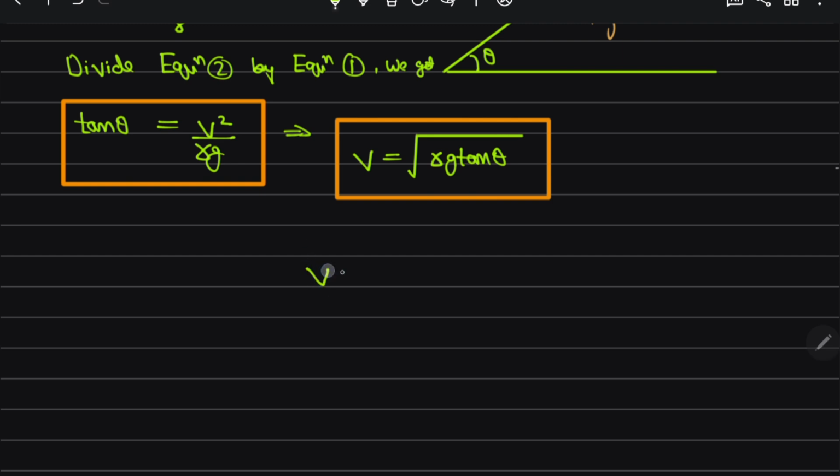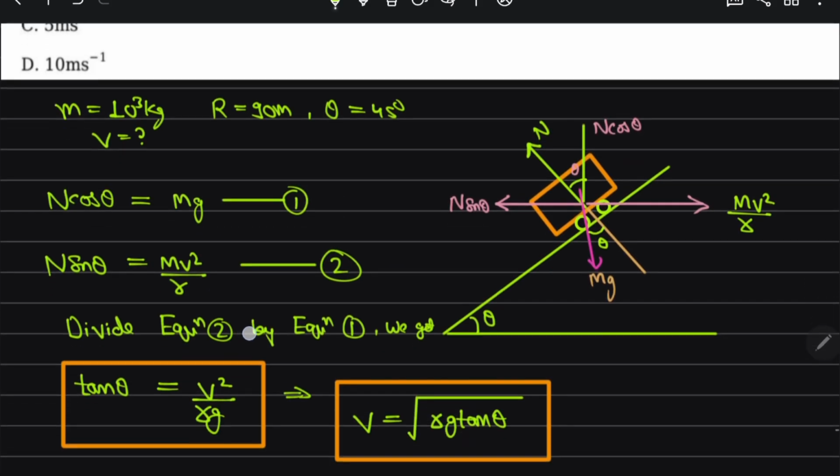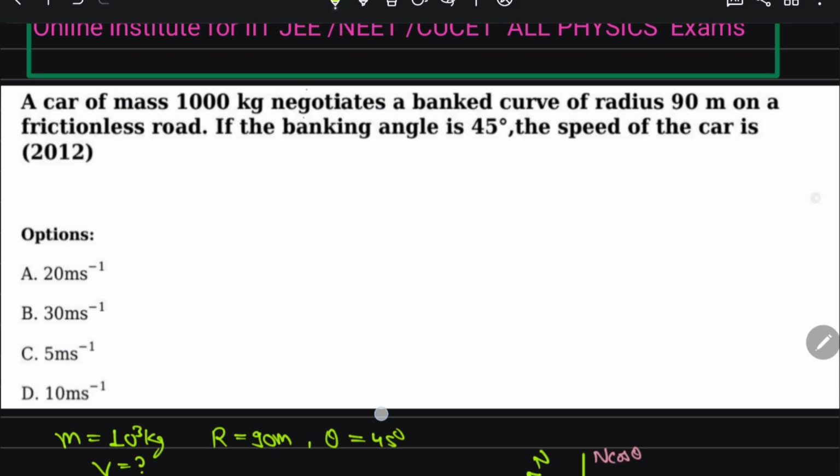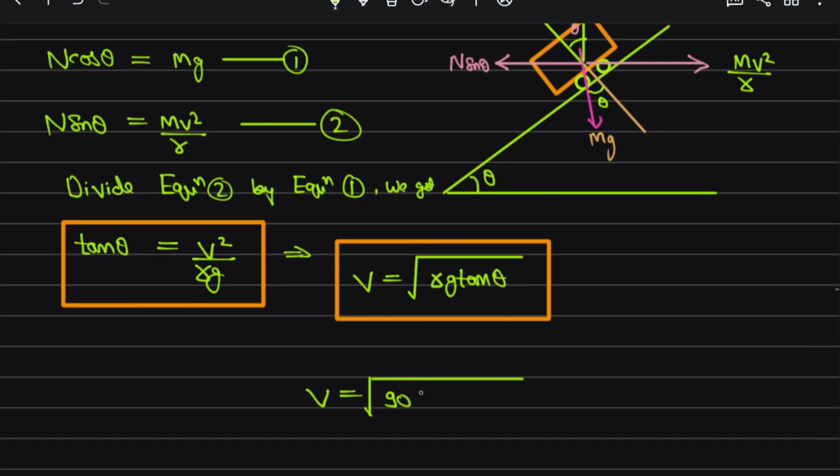So v is equal to root of, radius, how much have they given? Radius is 90 meter, and the g value they have given is 10, or otherwise we have to take it. Let me take 10, and tan 45 degrees.